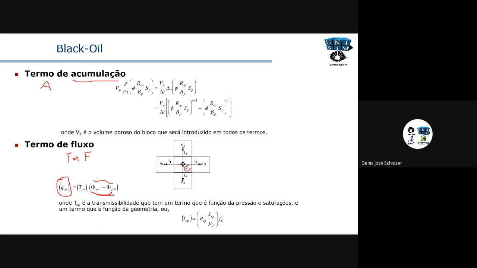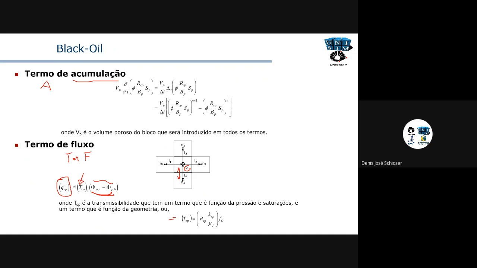Remember, this potential is the difference in pressure, the difference in height because of gravity, and the difference in capillary pressure. If you have a different potential in the phase, we multiply it by the transmissibility, and then we have the amount of fluid going from this block to the neighbors, okay?